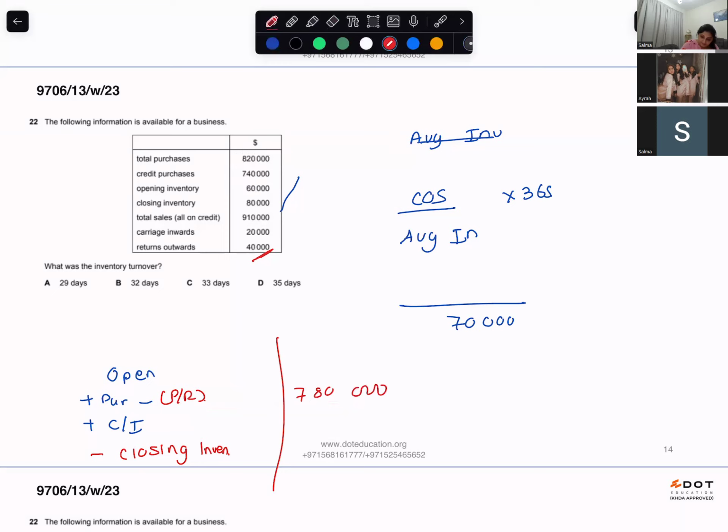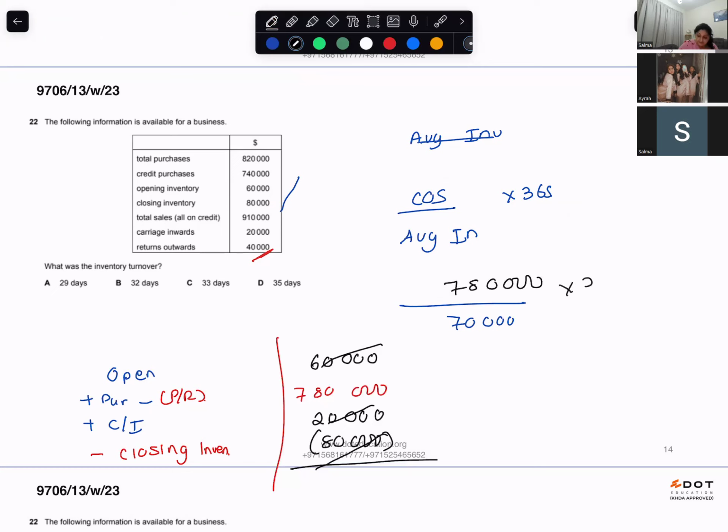Opening inventory is 60,000. Carriage inwards 20,000 and closing inventory 80,000. Okay, so 80 and 80 wipes off. So 780,000.